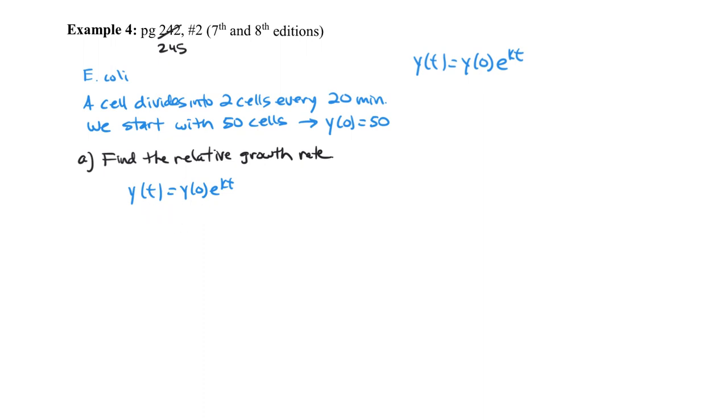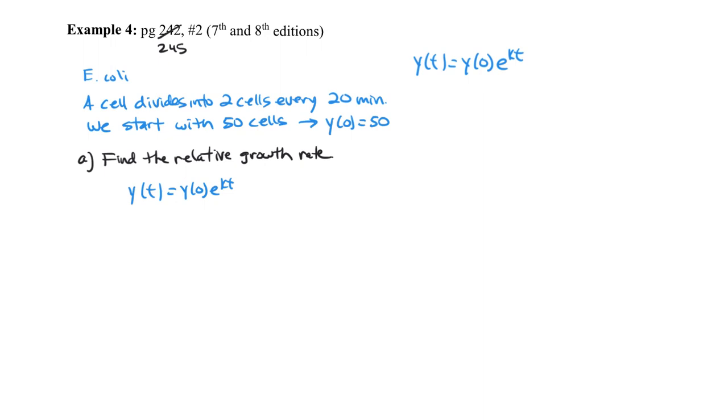And then when I'm looking at the questions, they're asking us about time in terms of hours, so we probably should use hours instead of minutes. So for 20 minutes, we should probably use 1/3 of an hour. I'm only doing that because I'm looking at these other questions. For instance, part C is asking us to find the number of cells after 6 hours, so I'm just going to use hours for this.